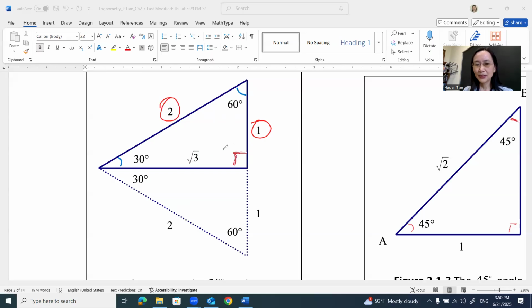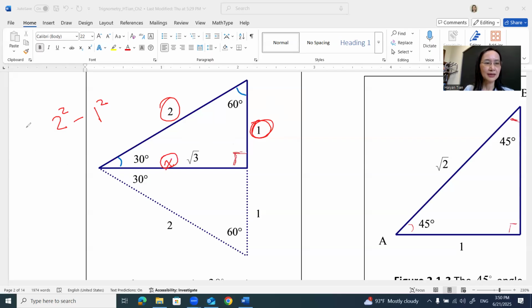And the base, because it's a right triangle, we can calculate. In the right triangle, one leg is 1 and the hypotenuse is 2. Then what is the other leg? The other leg is the hypotenuse squared minus this leg squared, and this is the x we want to find.